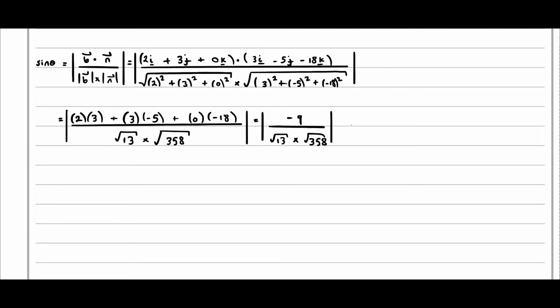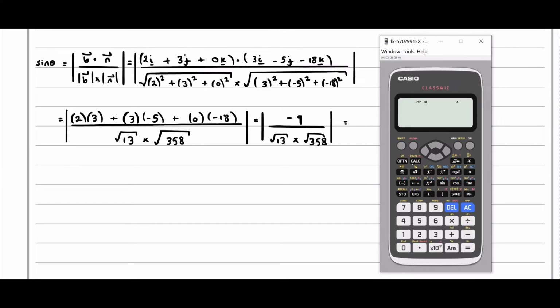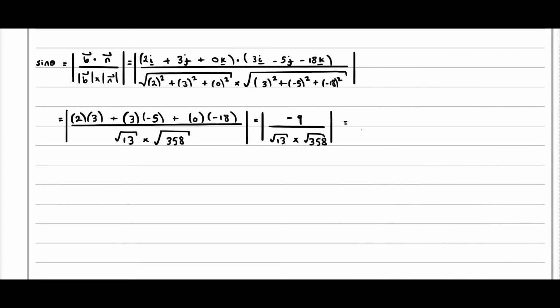So sine theta, therefore, if we work all this out, we have the absolute value of minus 9 over root 13 times root 358. We get 0.131.